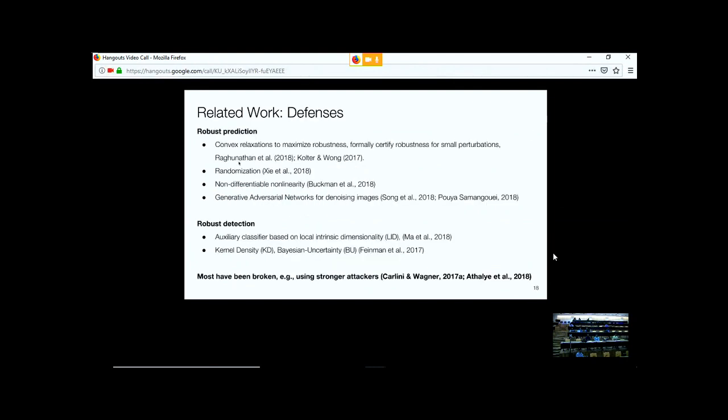Now, on the side of defenses, there's been a number of works. I won't go through all of these in detail, but roughly speaking, you can put them in two buckets. One is robust prediction. In robust prediction, people have tried to come up with convex relaxations of neural networks, again trying to smooth out the neural network so that it becomes less susceptible to small perturbations.